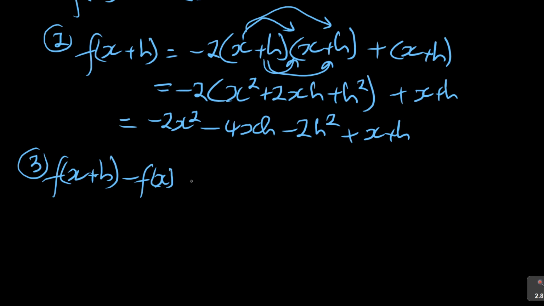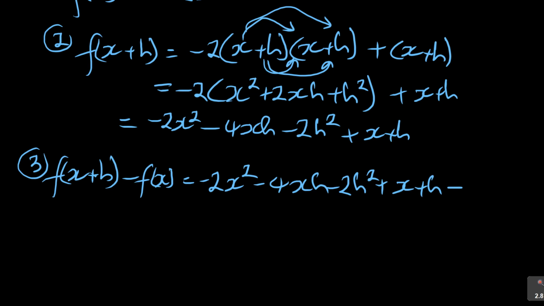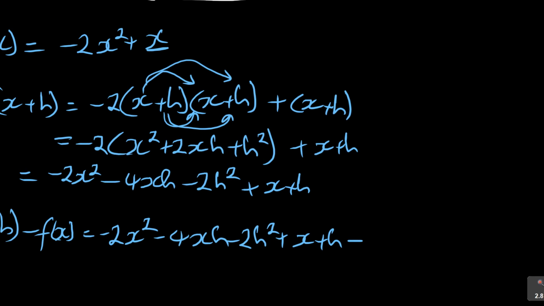I take this, which is equal to negative 2x squared minus 4xh minus 2h squared plus h plus x plus h, minus. Now remember, what is my f of x? Put a bracket here, so it's minus 2x squared plus x.